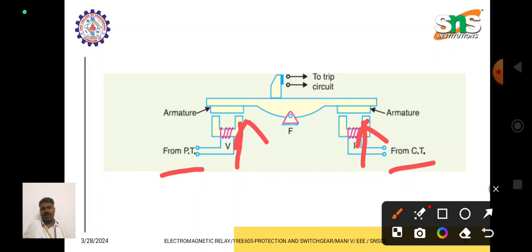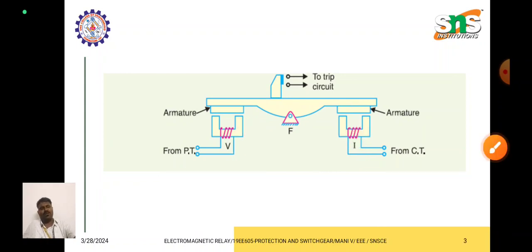Once either the voltage-based or the current-based electromagnetic force exceeds the preset value, so that on one side the electromagnetic force is maximum, the armature on that side will be attracted by the electromagnet.